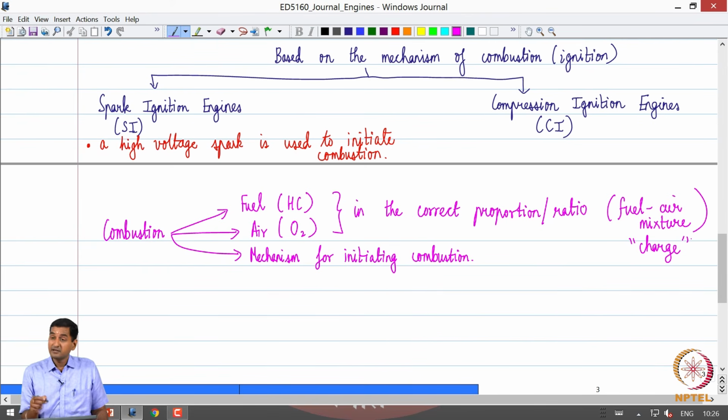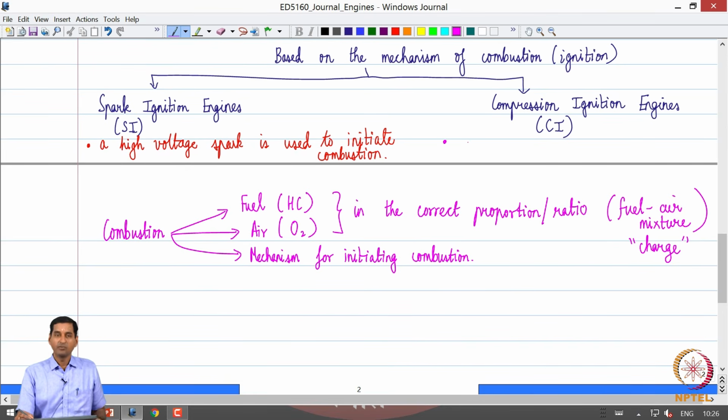So, even if I charge the combustion chamber, I need a spark to ignite the mixture in a spark ignition engine. On the other hand, in a compression ignition engine, we push the engine operating conditions to such a level that the fuel ignites on its own.